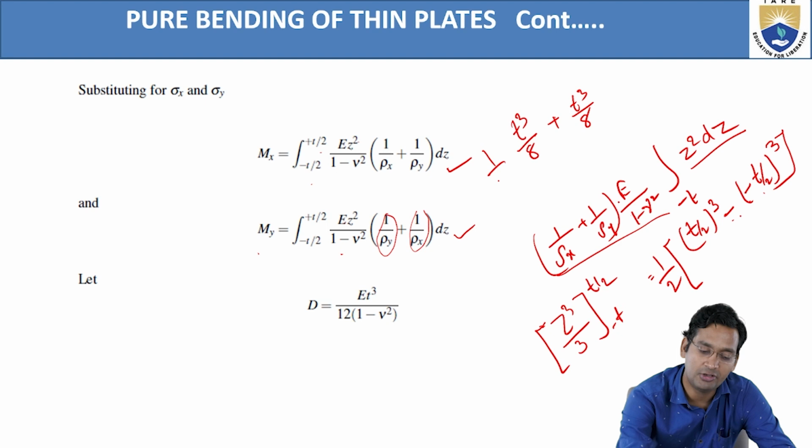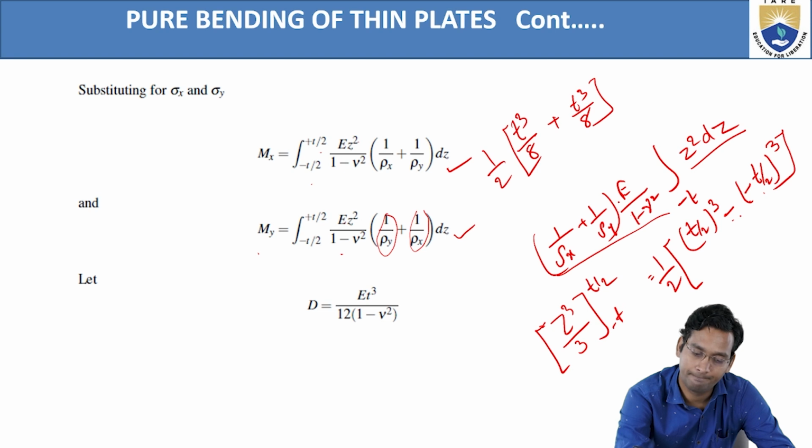Sorry, this is 1 by 3, not 1 by 2, out of this z cube by 3. So 1 by 3, and now this becomes 2 t cube by 24. The 2 cancels, giving 12, so t cube by 12.